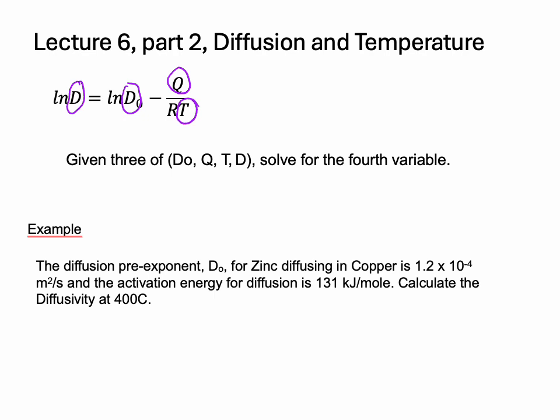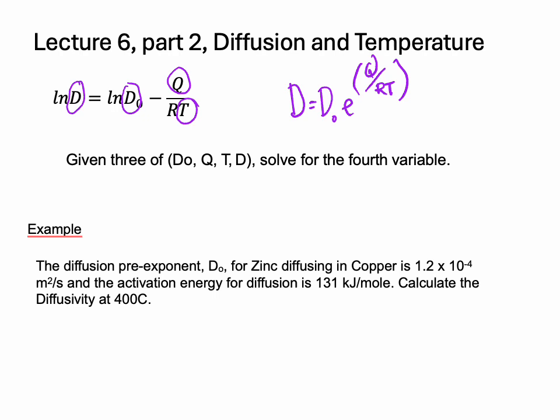Sometimes it's just easier to use this form of the equation. Some people really don't like to deal with exponents and powers, and so they prefer to make it linear. But I think for most of you, you'll find this form simpler when I only have D or D0 as an unknown.